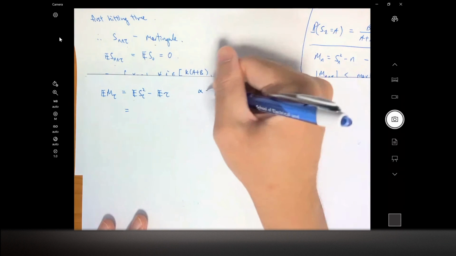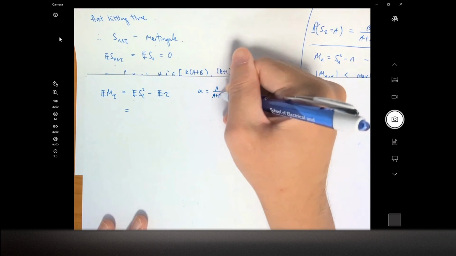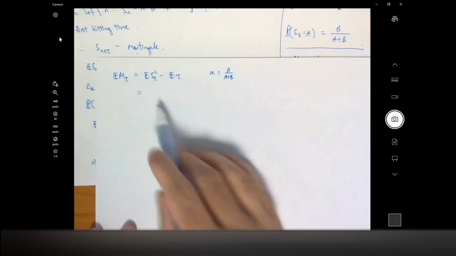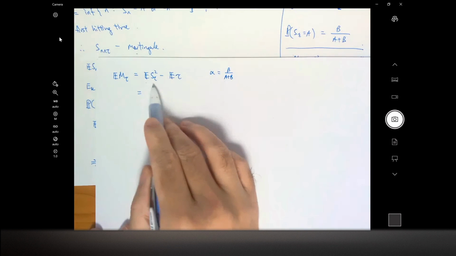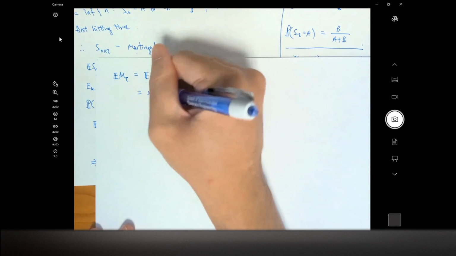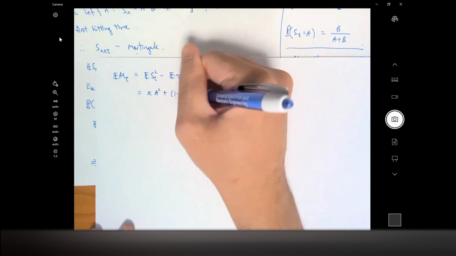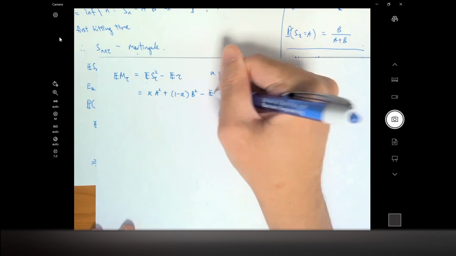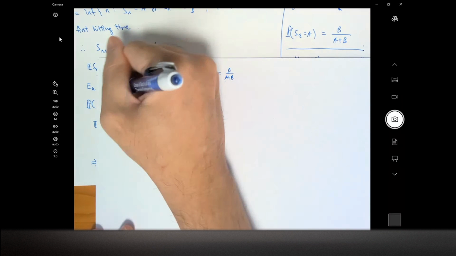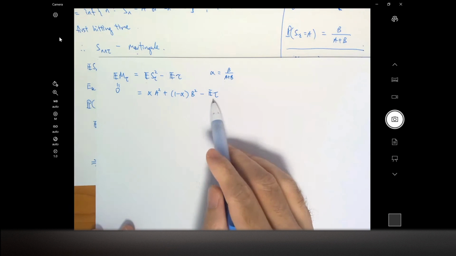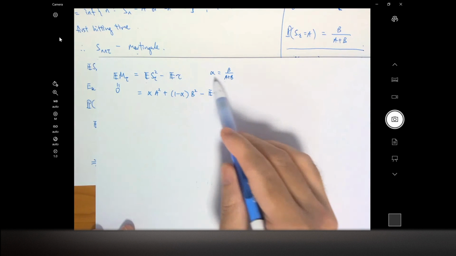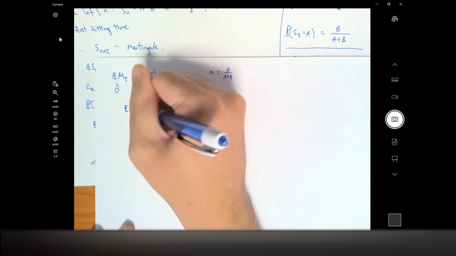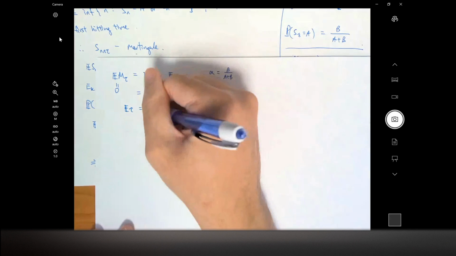Let alpha be b over a plus b, which is the probability that S_tau equals a. So you can expand out this expectation: alpha a squared plus 1 minus alpha b squared, minus the expectation of tau. And we saw that this is equal to 0. So I can just bring the tau over, substitute the alpha inside and do some simplification. Then you get that the expectation of tau is actually equal to a times b.